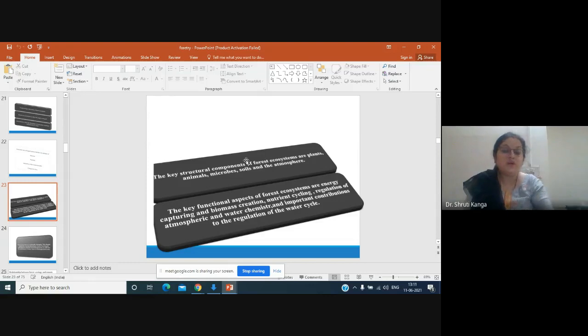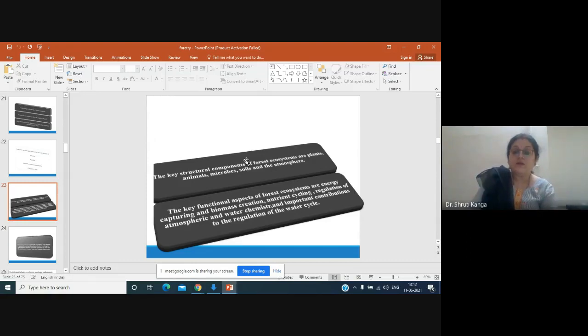So what are the functioning of these forest ecosystems? First and foremost is the energy capturing and biomass creation. Second, the nutrient cycle, how it is behaving. The regulation of atmosphere, and the water chemistry. Okay, how the water balance is taking place, then the important contributions to the regulation of water cycle.